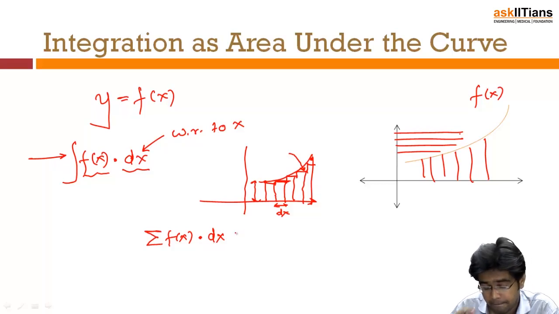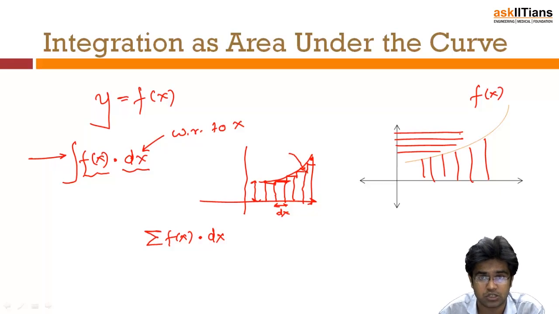This is the area. But the point of confusion is that you would ask me, sir, why have you left these small portions? Where are we accounting for the small portions? That means that our method has some error. There is a slight error.